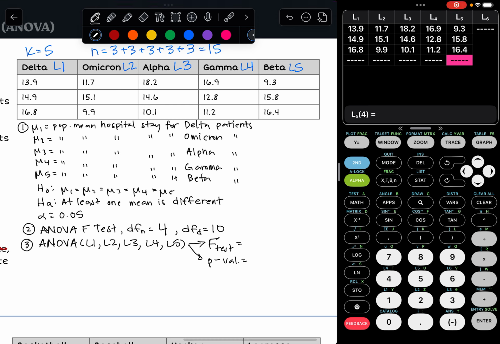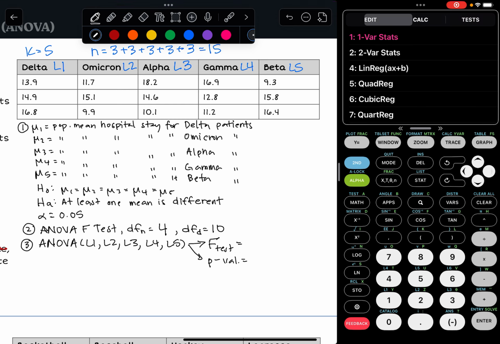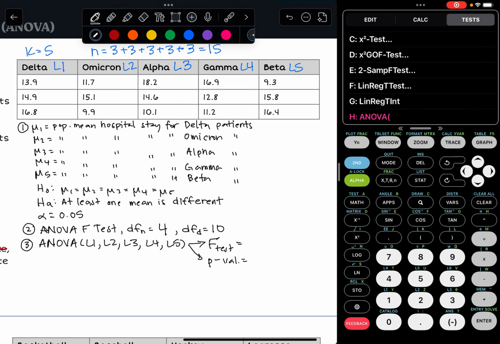And now that I have my data in lists, I'm going to go stat, tests, all the way down to ANOVA.